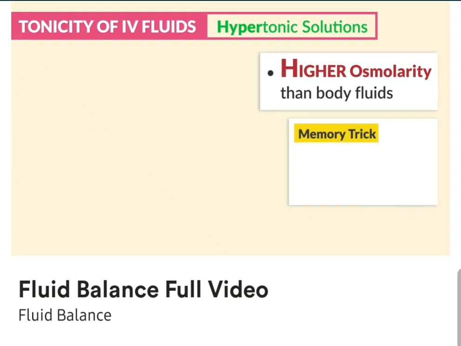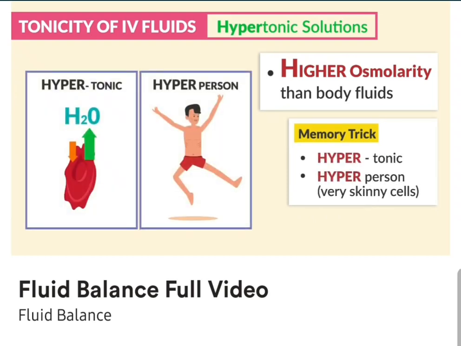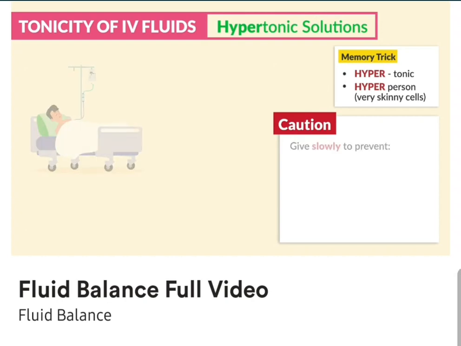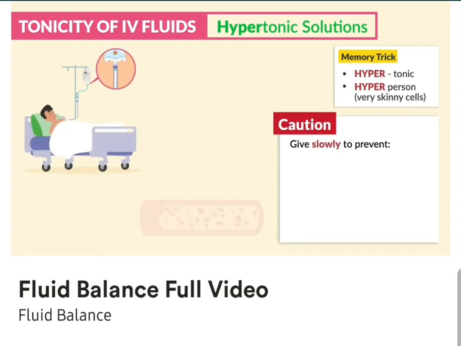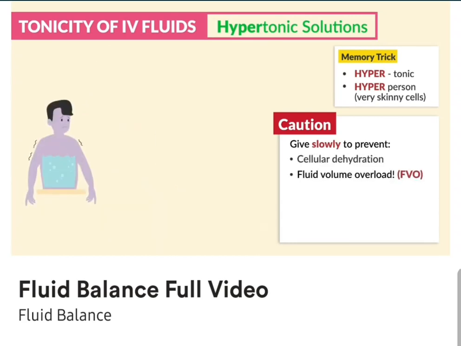So the memory trick here, hypertonic, think of a hyper person who is very skinny. So that hyper person with very skinny cells. Now a big caution here, we have to give this slowly to prevent massive fluid shifts from inside the cell and into the bloodstream, causing cellular dehydration as well as fluid volume overload. We're going to inflate that patient like a big old water balloon.